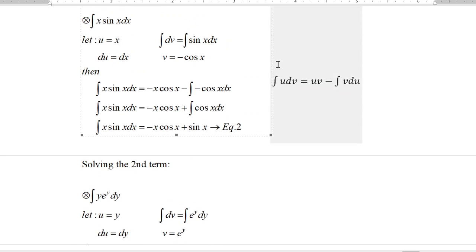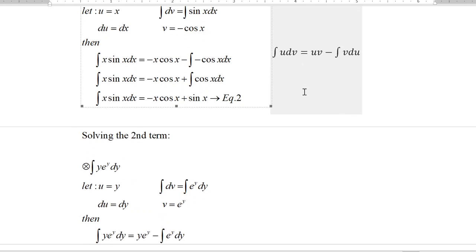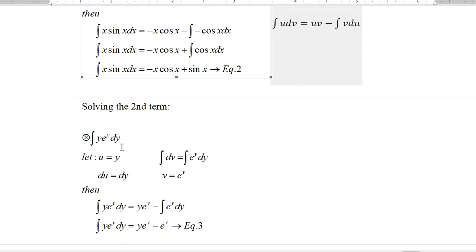We let u be y, and then du, the derivative of y, is dy, and we let dv be e^y dy. Integrating both sides, the integral of dv is v, and the integral of e^y dy is simply e^y. So uv, u times v, is y e^y.